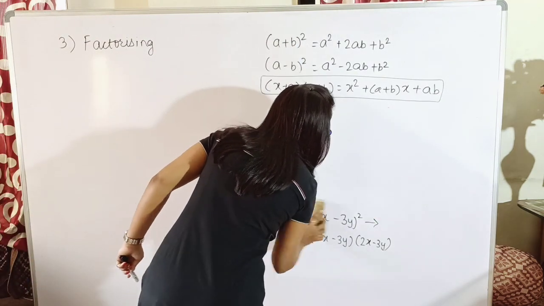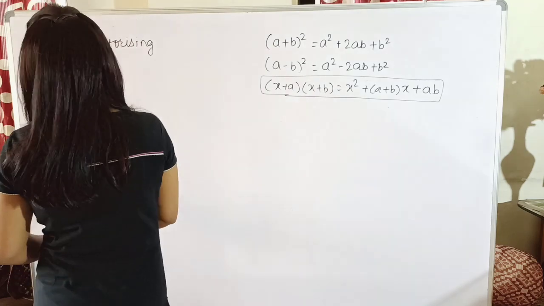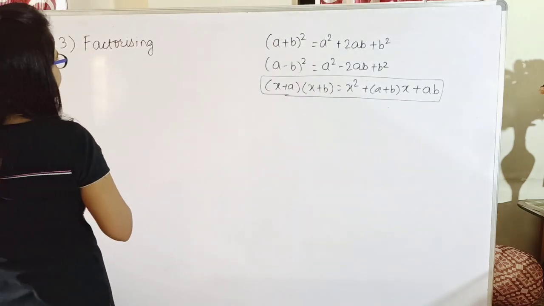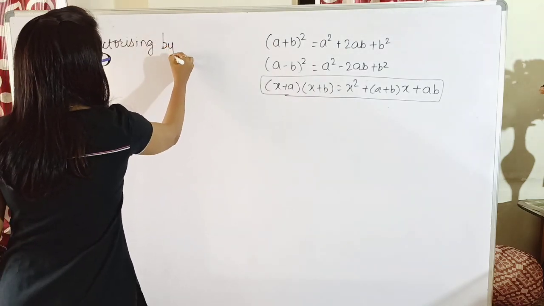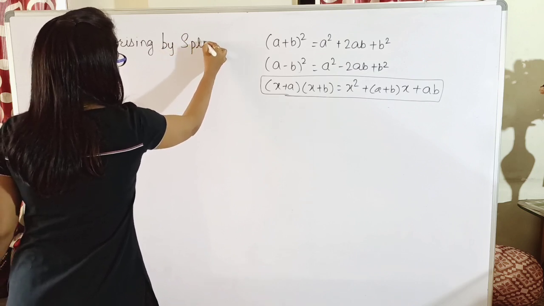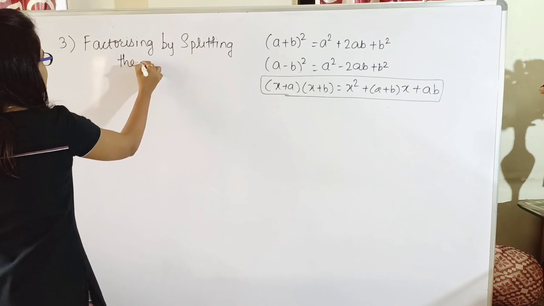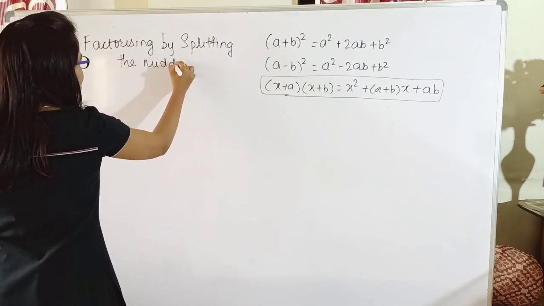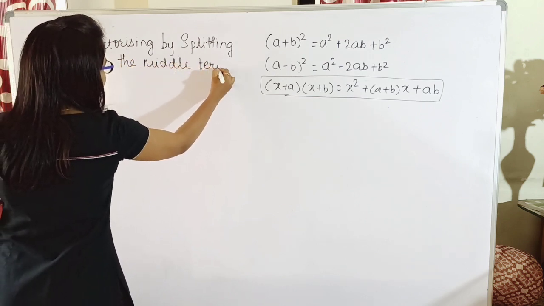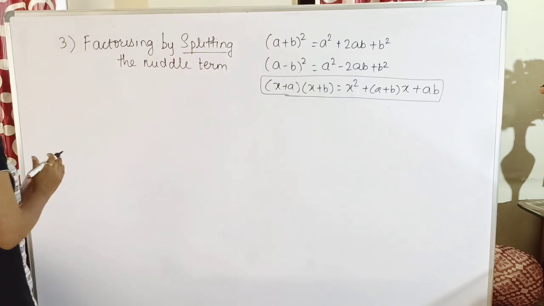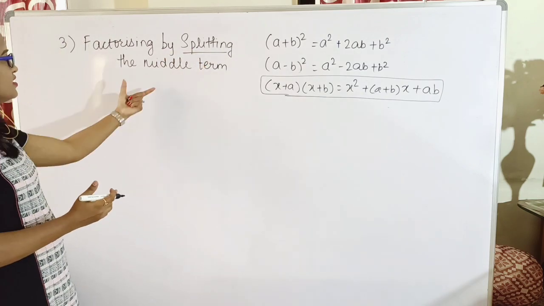Okay, so the next method of factorizing is factorizing by splitting the middle term. Now by the name you can understand, splitting means separating or dividing which term?